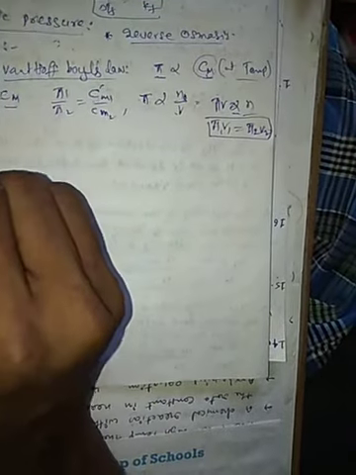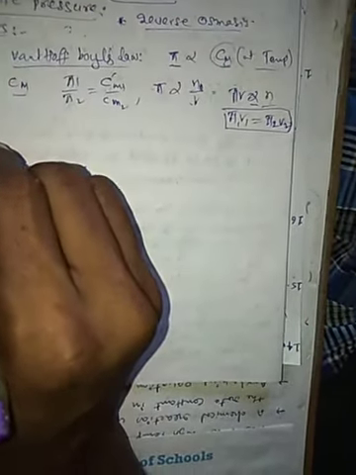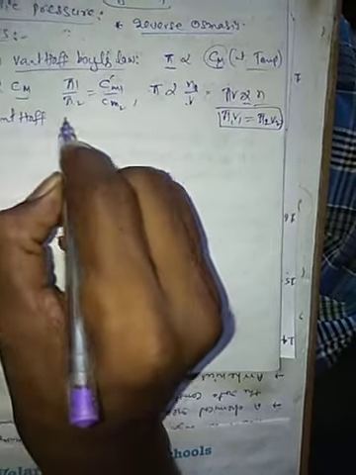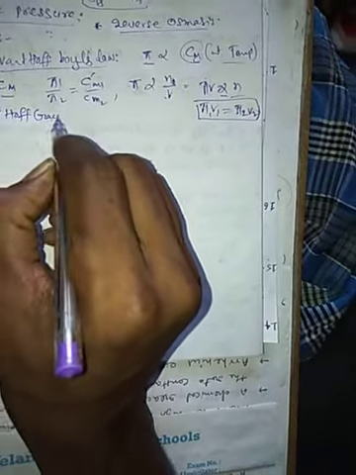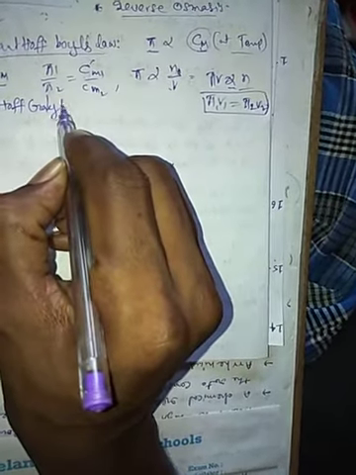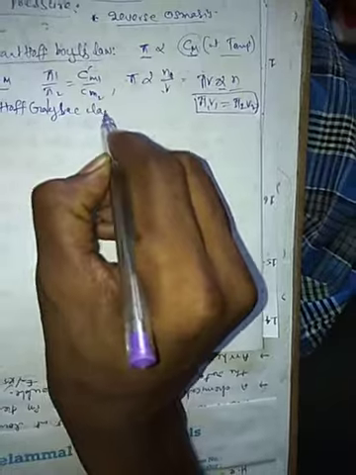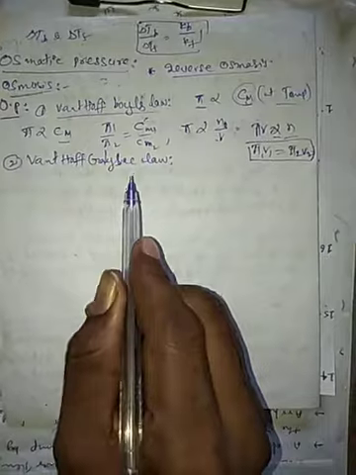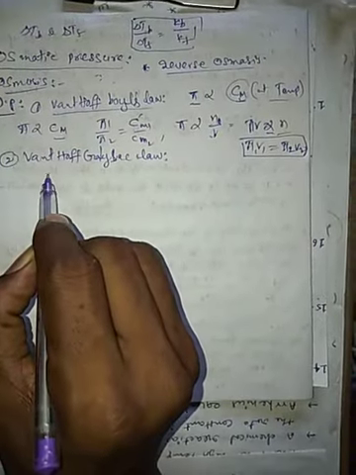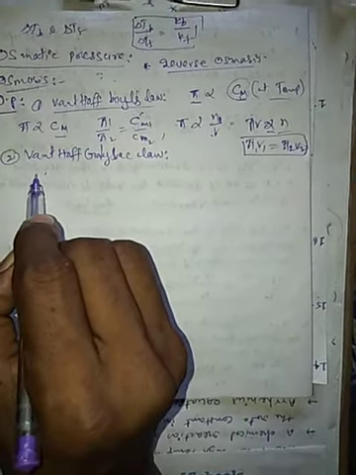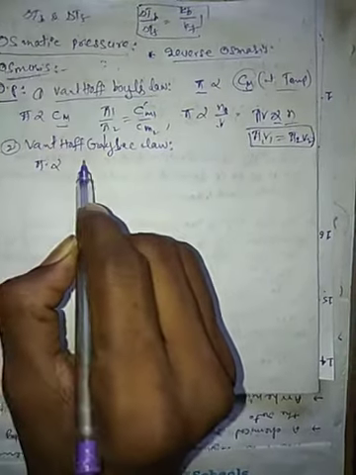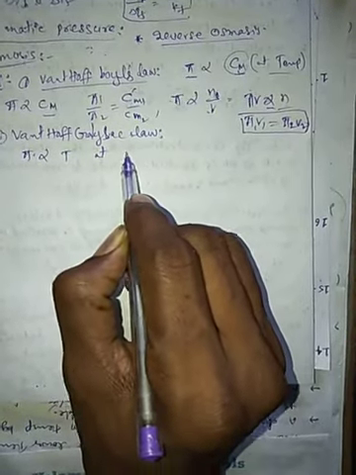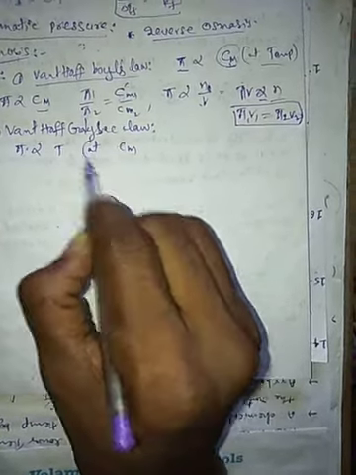Now one more concept was introduced by Van 't Hoff, that is Van 't Hoff Gay-Lussac's law. According to Gay-Lussac's law, osmotic pressure is directly proportional to temperature at constant molar concentration.